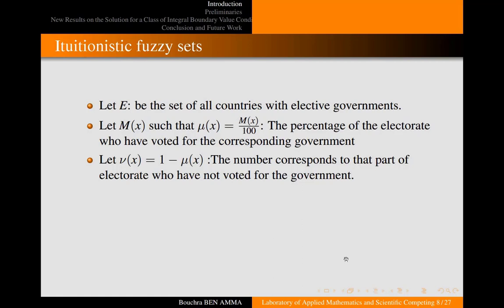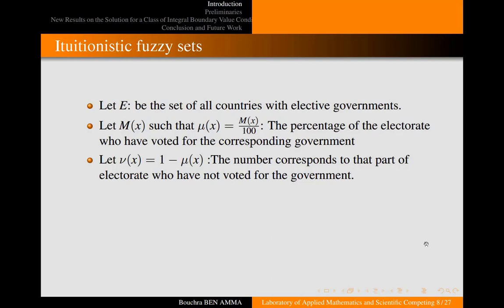By definition, in fuzzy set theory the degree of non-membership equals 1 minus the degree of membership, corresponding to the part of the electorate who have voted against the government. That means fuzzy sets cannot give us more information in a comprehensive way. The question arises: how can we categorize the electors who have not voted at all or made a mistake in voting? We need to categorize this part of the electorate.